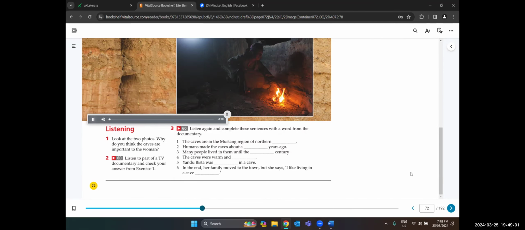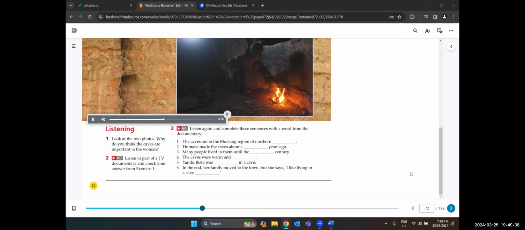Track 60, Unit 6B. The Mustang region is in the Himalayan mountains of northern Nepal, and it's famous for its ancient caves. Humans made the caves about 1,000 years ago, and many people lived in them until the 15th century, before they built houses and moved to towns. The caves were warm and dry, and they were safe because of their location.